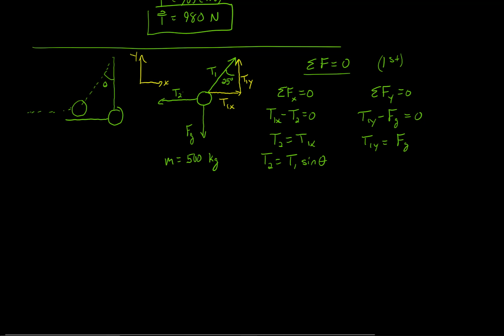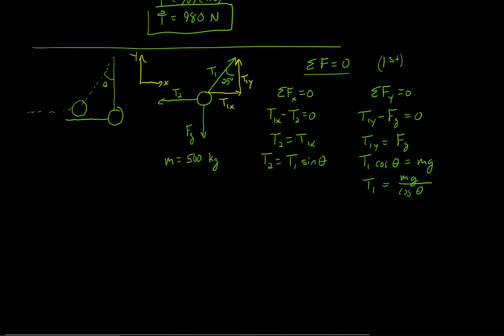T1 in the y, in terms of T1, is going to be T1 cosine theta, equal to mg. So here I know this, I know that, I know that, so I can solve for T1. And then I can take that quantity and plug it in here and I'll get T2. So T1 is going to be mg over cosine theta.